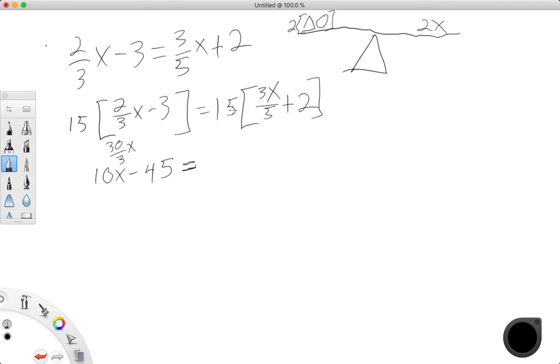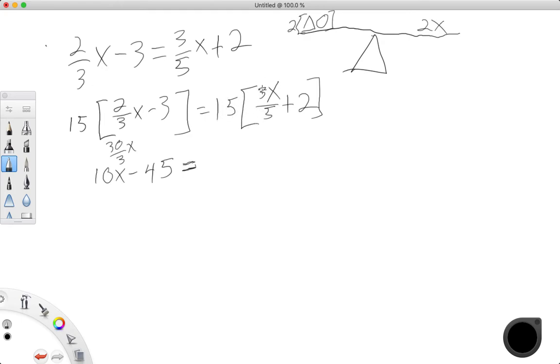Okay, so on this side, 15 times 3 divided by 5. Well, it doesn't matter which order I go in. It's easier for me to divide first, because I know that 15 divided by 5 is 3, whereas 15 times 3 is 45. 45 divided by 5 is 9. It's easier for me. It doesn't matter which way you do it.